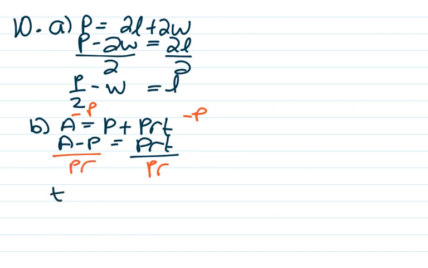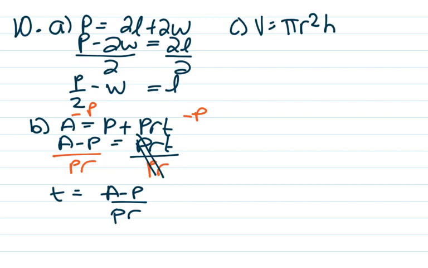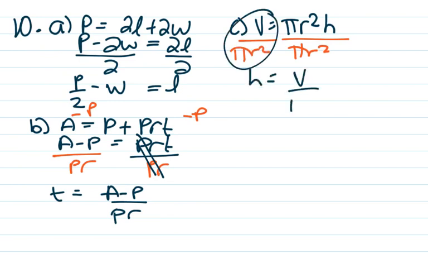So now I have T, this cancels out, T equals A minus P over PR. C, V equals pi r squared h. I need to get h by itself, so I just need to divide both sides by pi r squared. So now I have h equals V divided by pi r squared.